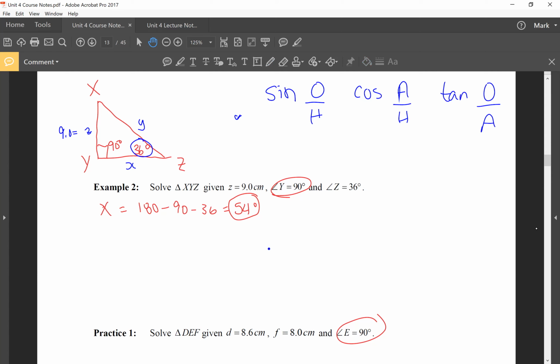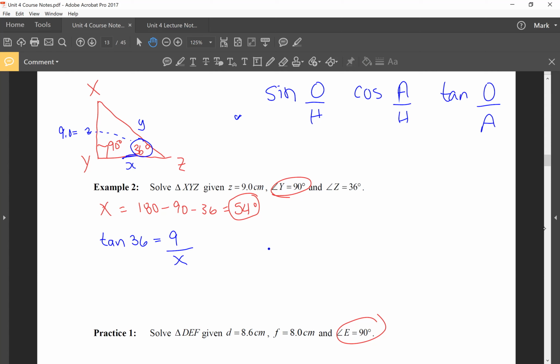So for this one, I'm going to have to use tan 36 equals the opposite, which is 9, over the adjacent, which is X. And this will get me side X. In this case, I had to use tan.